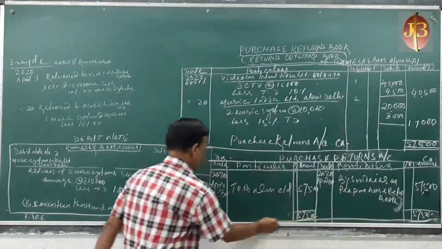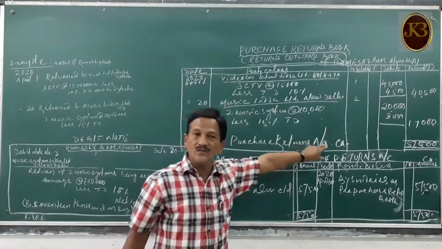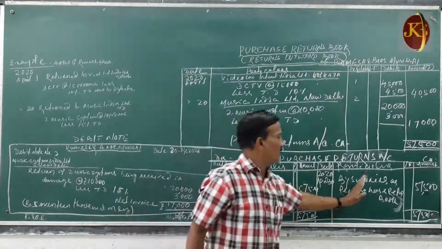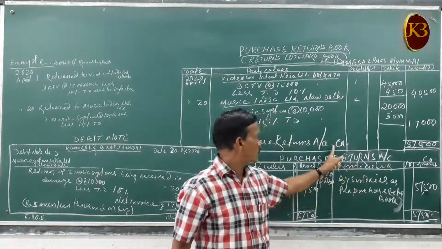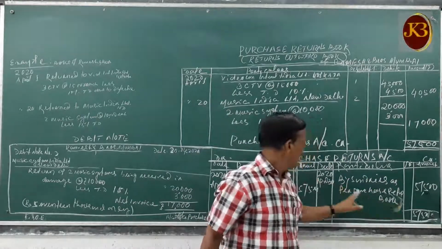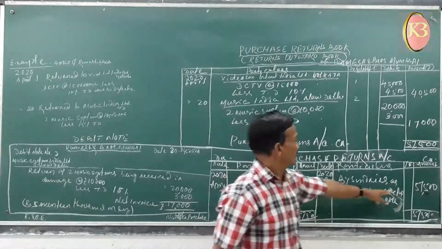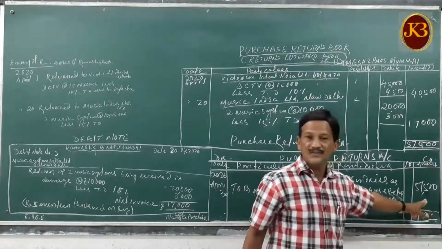So this is what will be posted. So from the purchase return account, the total is credited. That is, you have to write here by sundries on the credit side. That is purchase return account credited. So you have to write on the credit side, by sundries as per the purchase return book, that is total amount 57,500.